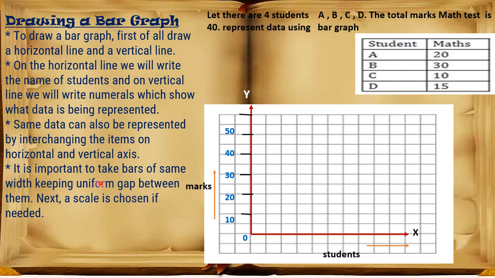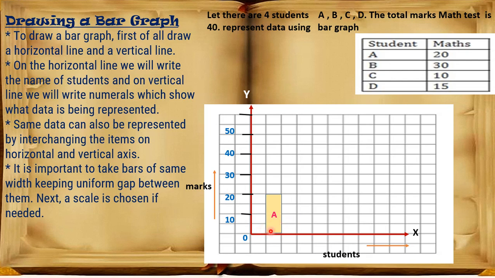The important point is to take bars of the same width, keeping a uniform gap between them. Next, a scale is chosen if needed. Take student A with 20 marks: a rectangle starts on the x-axis and goes up to the height 20 on the y-axis. This is student A who scored 20 marks.